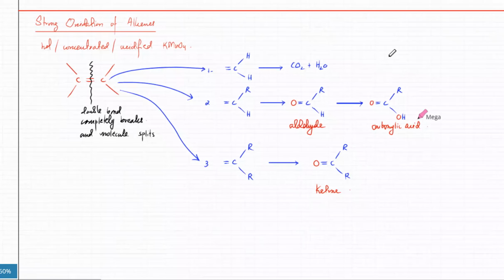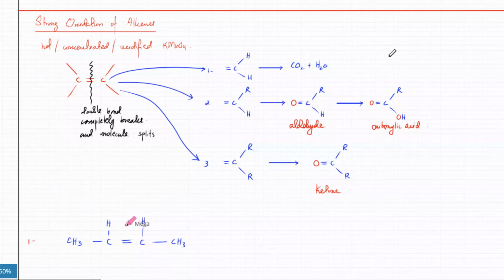So I'll do a couple of easy examples with displayed formulas first. I've got a molecule, let's say it's a butene, and there's an H and an H. So that's example number one.